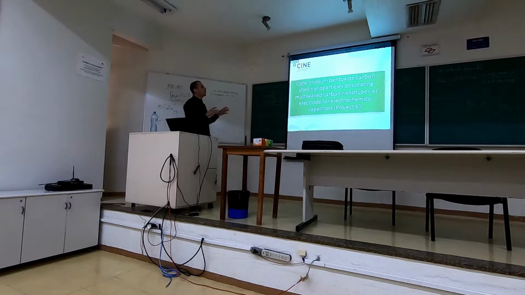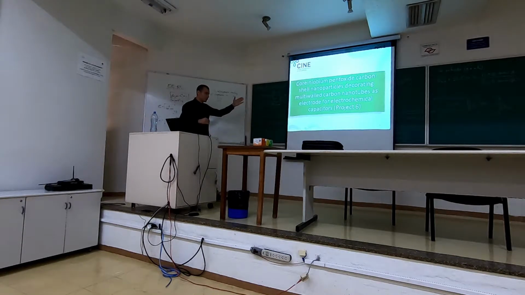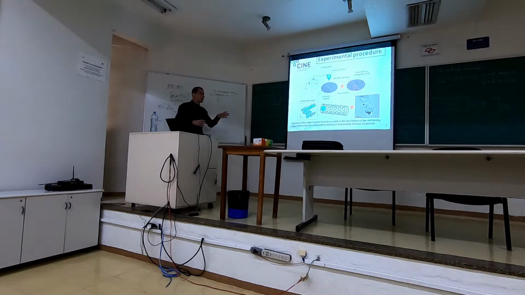Okay, let's go on talking about part 1. I will talk about the paper named Niobium Pentoxide Carbon Shell Nanoparticles Decorating Multi-Walled Carbon Nanotubes as Electrode for Electrochemical Capacitors. Here in this paper, we report a method to produce nanostructured carbon-based material by electrospraying niobium pentoxide nanoparticles onto carbon nanotubes.